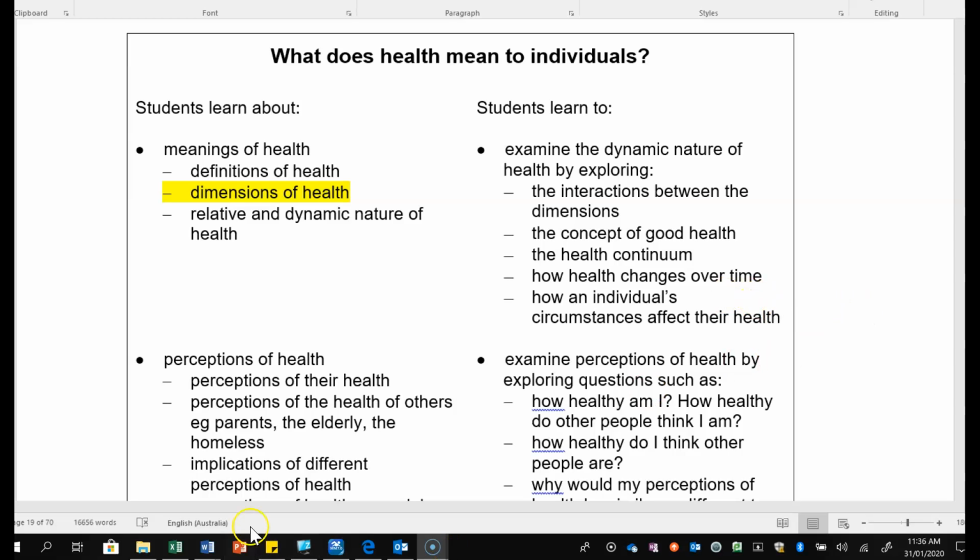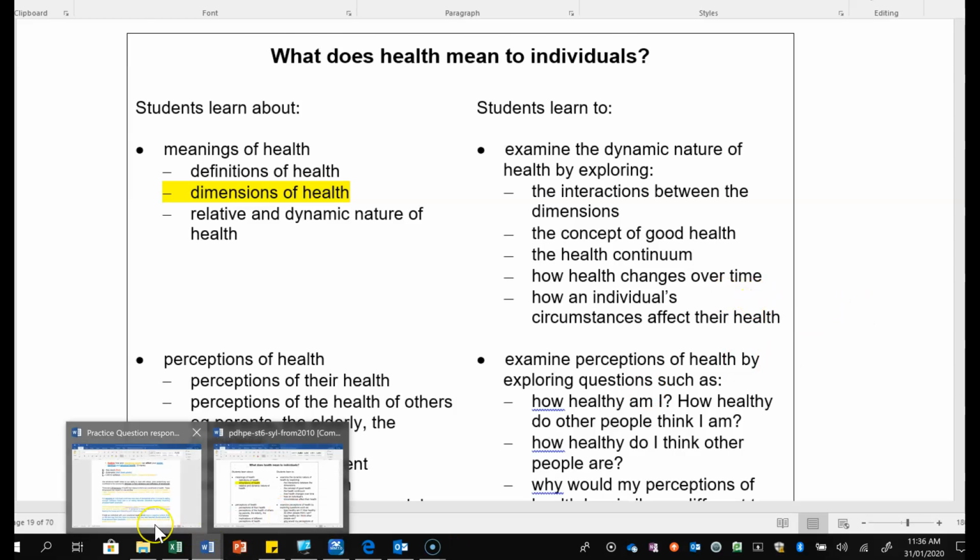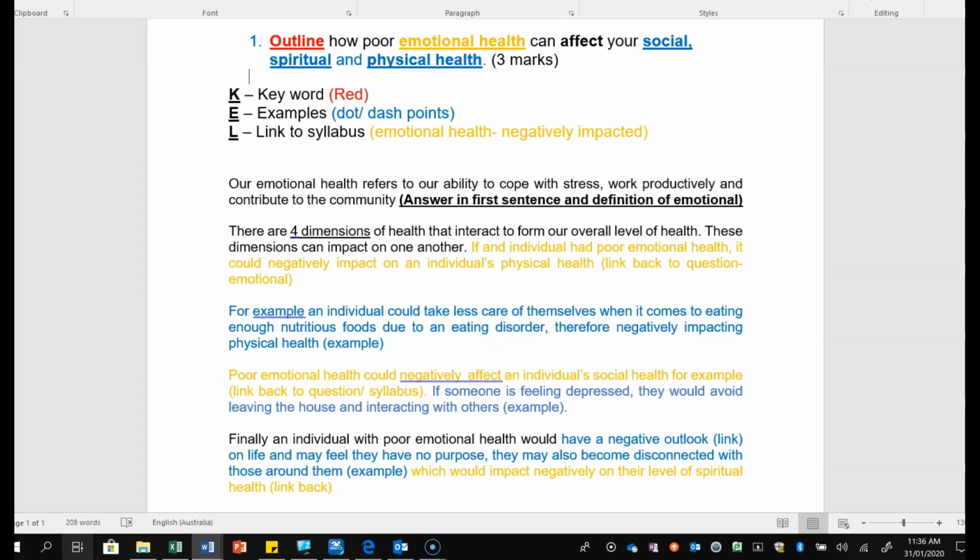So the method that you use to answer a question is a method called KEL. And we use this every single time. The acronym stands for keyword, examples, and link. If we look at the question, I have color-coded the different areas.